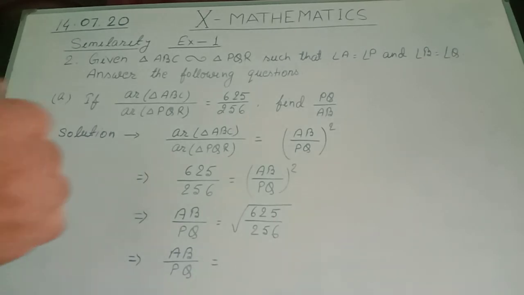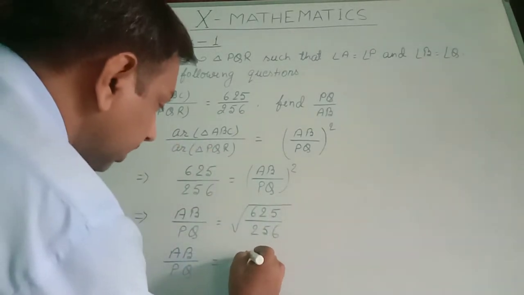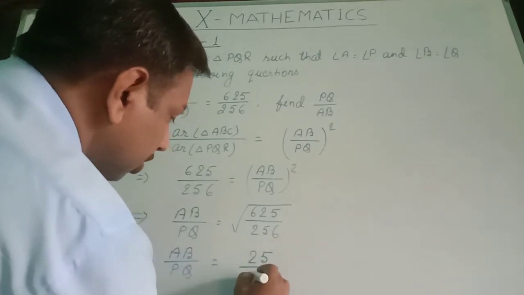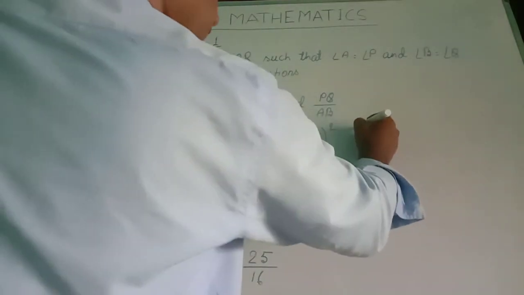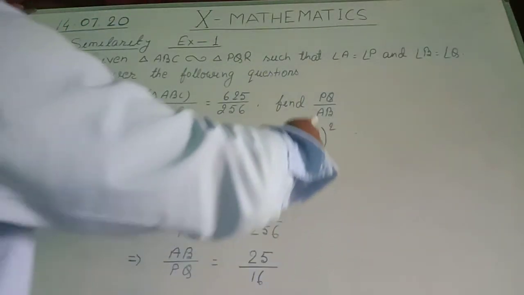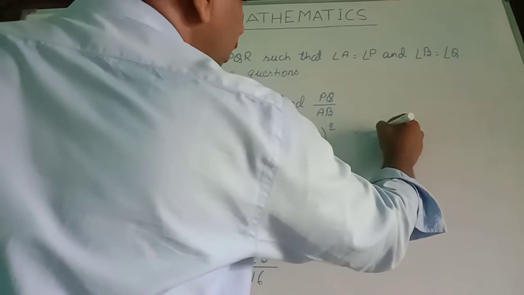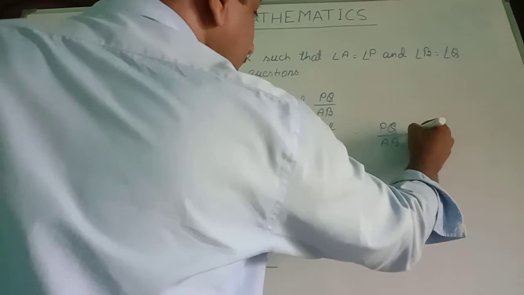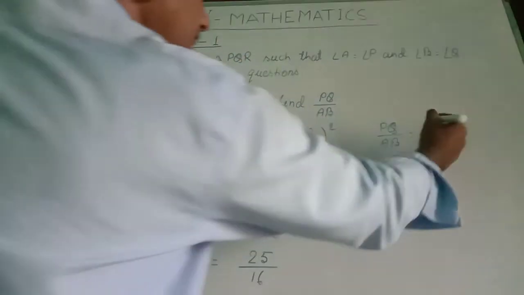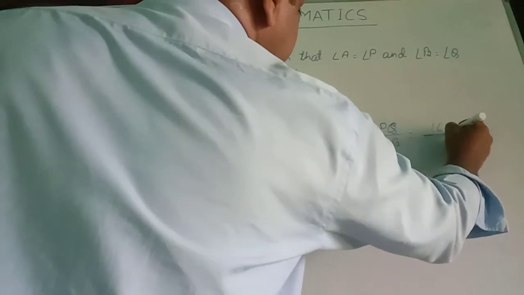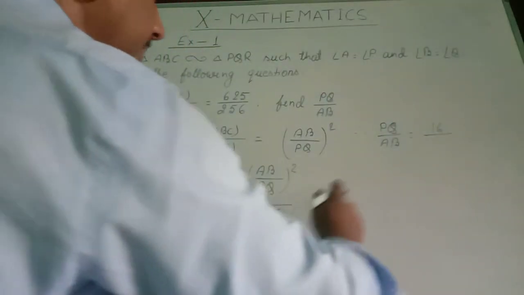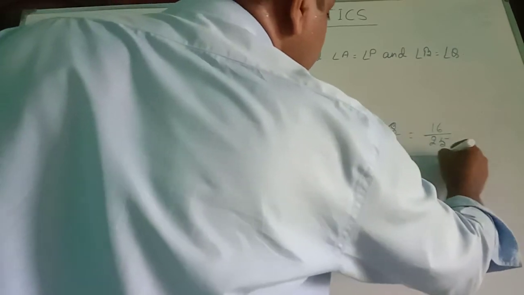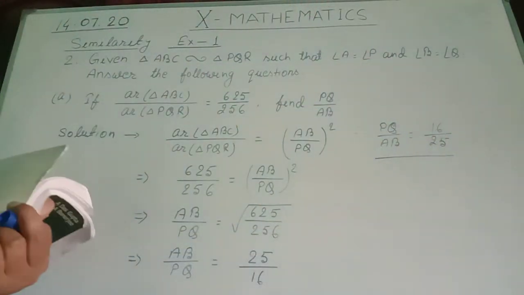Square root of 625 is 25, and square root of 256 is 16. Here we can write, what was the question? PQ by AB. To find PQ by AB, you write this ratio PQ by AB. So PQ is 16, use this as numerator, and AB is 25, use this as denominator. So PQ by AB equal to 16 by 25. This became the answer.